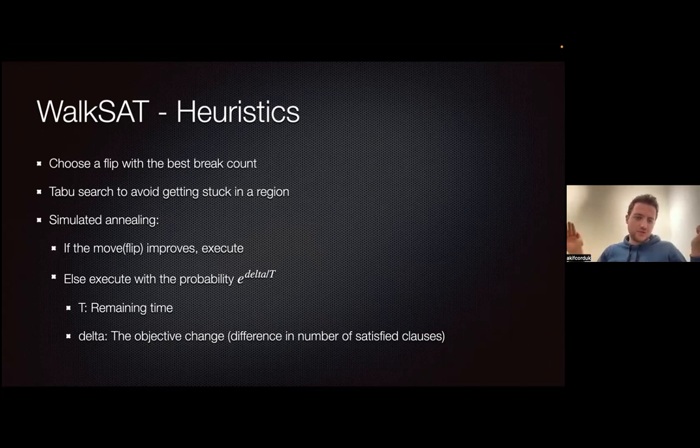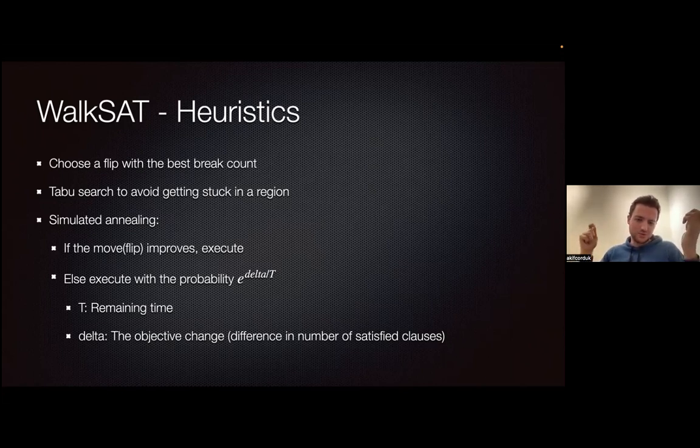And we want to avoid repeating those for a foreseeable future, for some time, so that we don't get back into the same state again. This avoids going into a kind of loop, or escaping a bit, doing some other flips and coming to the same local minima in a different way. We want to avoid those situations.